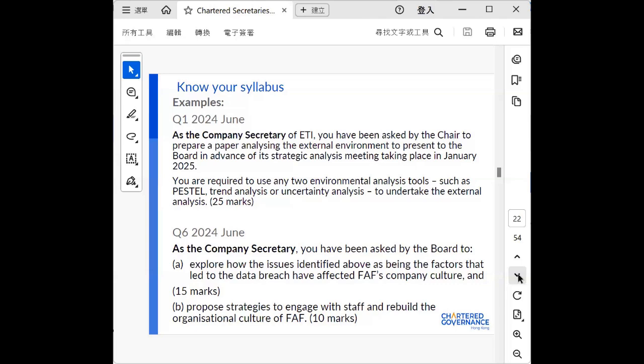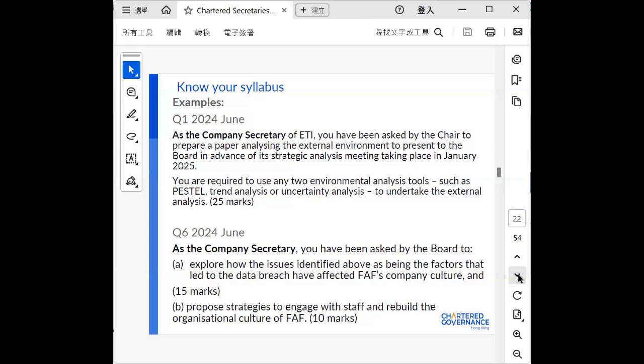Traditional modules will emphasize a lot of theoretical models. So long as you can explain those models, you will get a good pass. But in this module, we want to see good applications of the tools within the context of the company. So they require you not just to explain the models, but to apply the models.